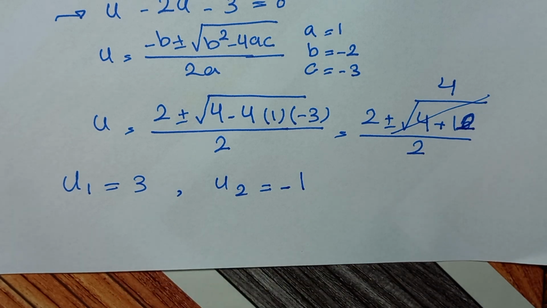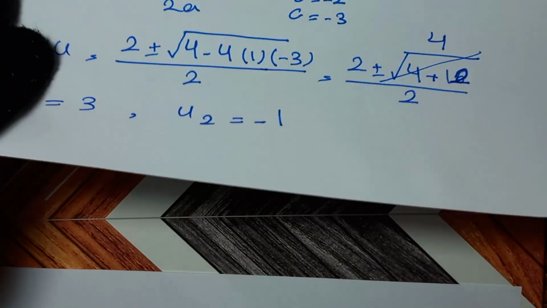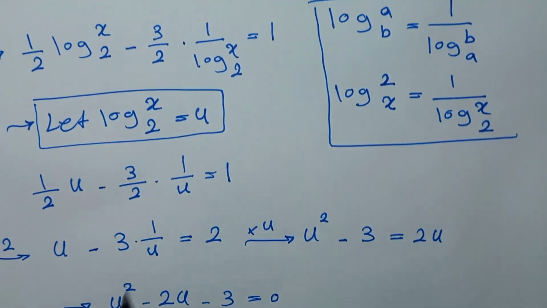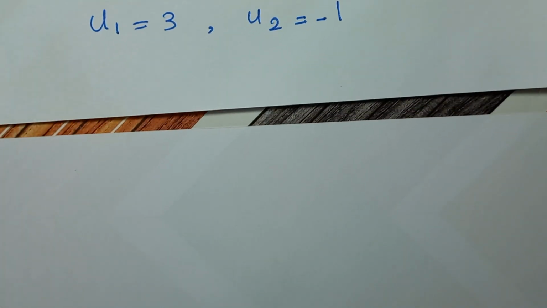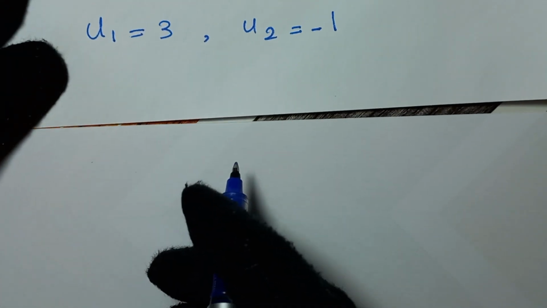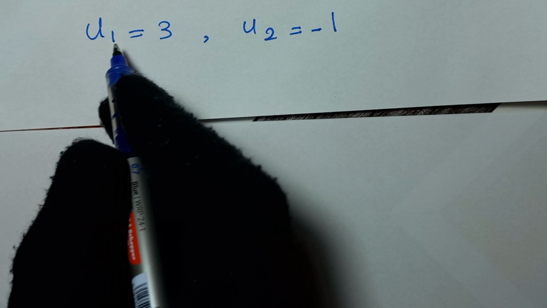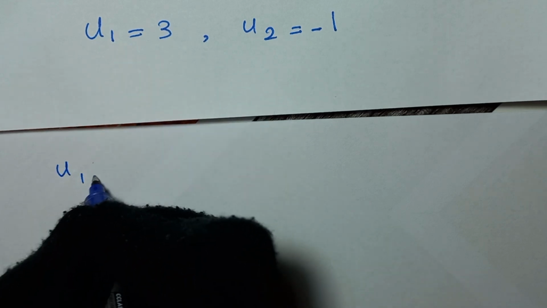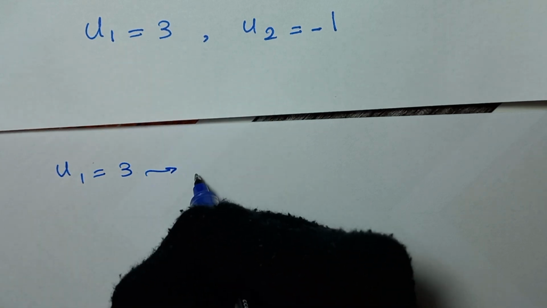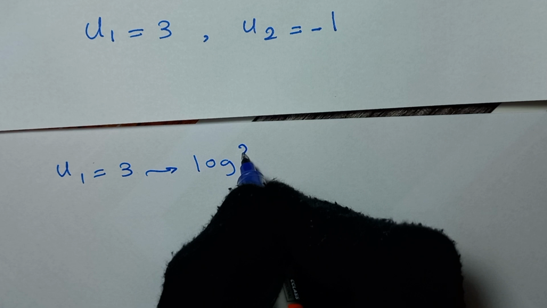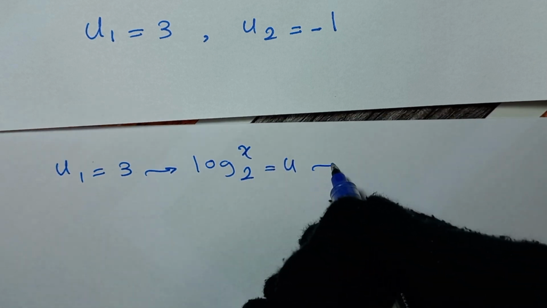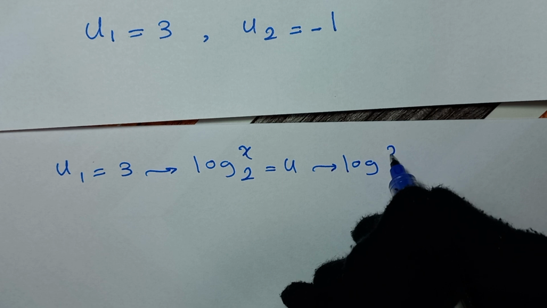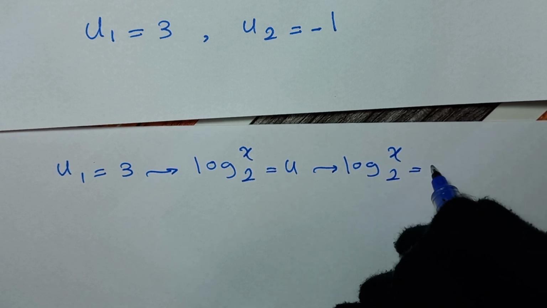And in the next step, we recall that log of x to base 2 is u. So for u1, u1 is equal to 3. So log of x to base 2 is equal to u, and u is 3. So log of x to base 2 is equal to 3.